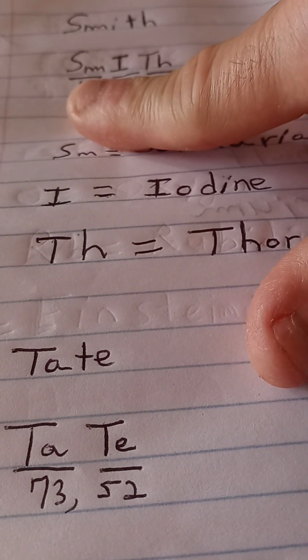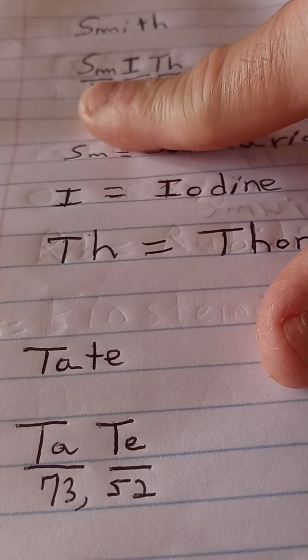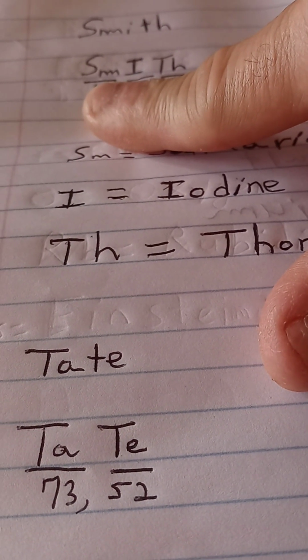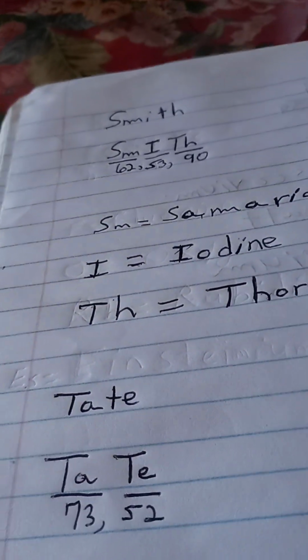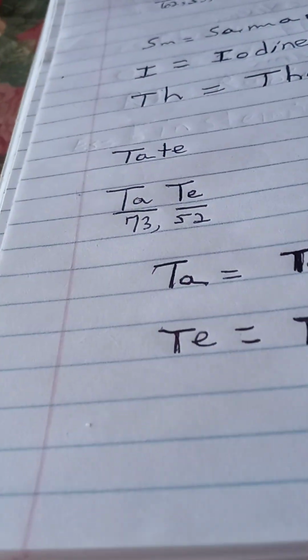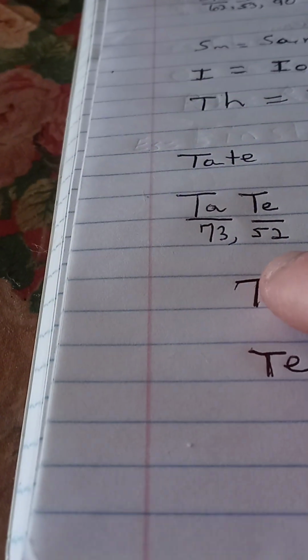Sm for samarium, capital I for iodine, capital T and small h for thorium, and that's how you do it.